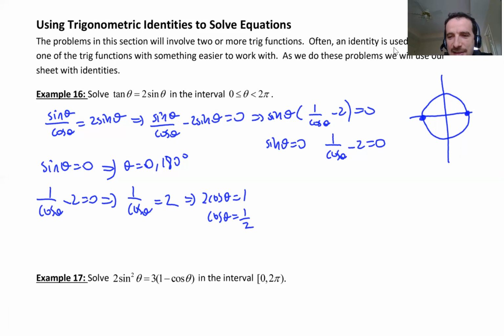This is a special angle, right? Cosine is equal to 1/2. I remember this angle. This is a special triangle. Cosine is 1/2. So cosine is adjacent over hypotenuse, right?